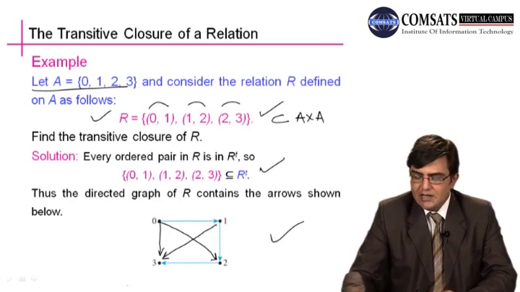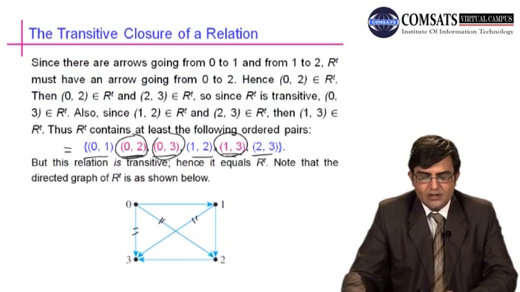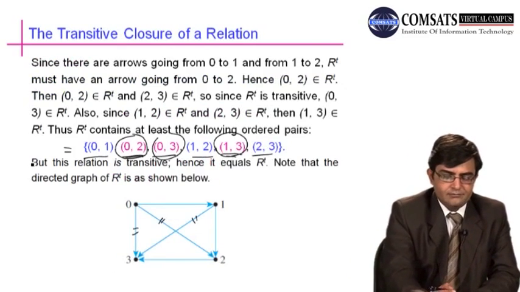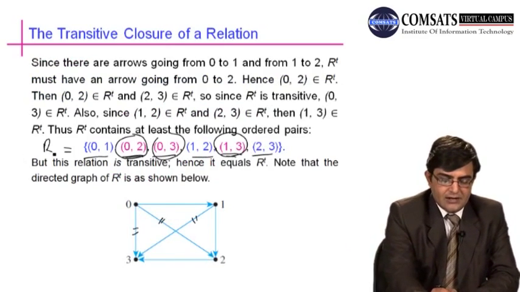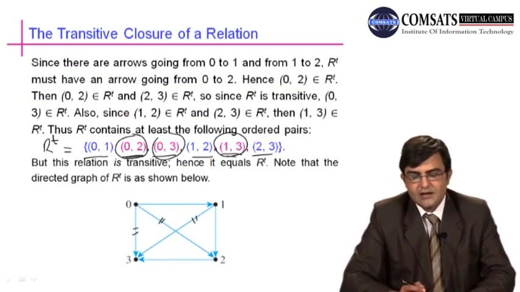Therefore this must be the smallest possible relation which is a transitive relation. So we can say that this relation is RT.